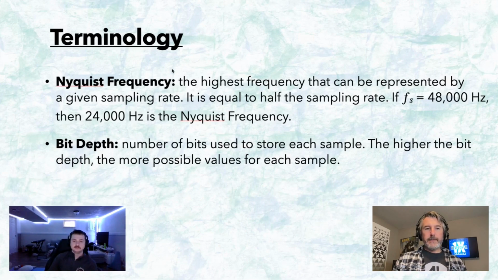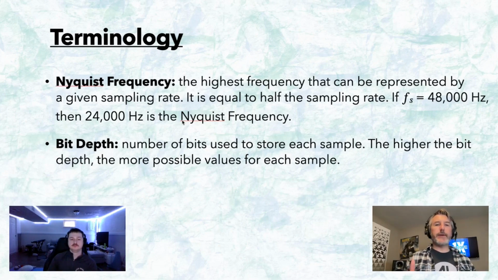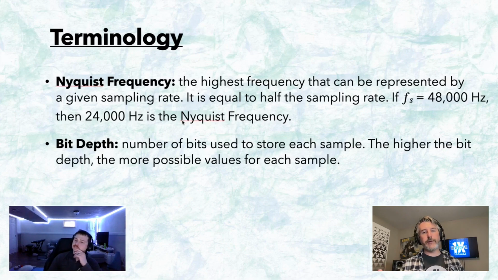What is bit depth? When we're talking about bit depth, we're talking about basically the type of value that each sample is, right? So you can think about float 32 versus float 64, something like that. Bit depths come in different ranges, like 16, 24, 32.